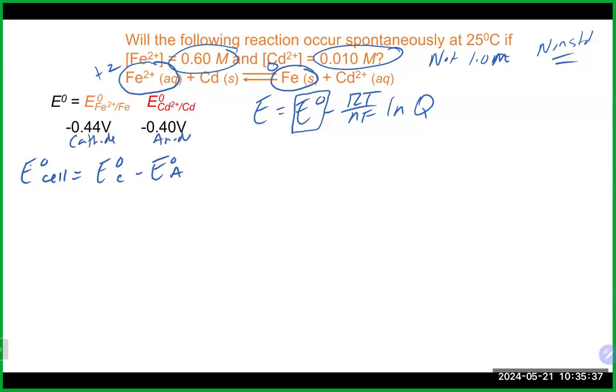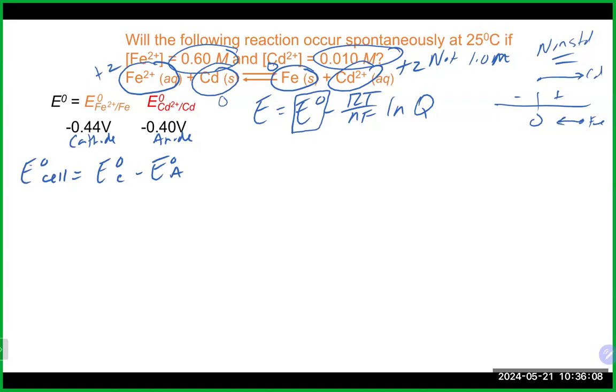And our anode is the cadmium, which is going from 0 to +2, becoming more positive. So remember that because they did give you the equation, you do need to look and see what's happening to identify your anode and cathode. In this case, you would not take cadmium because they actually have the equation.